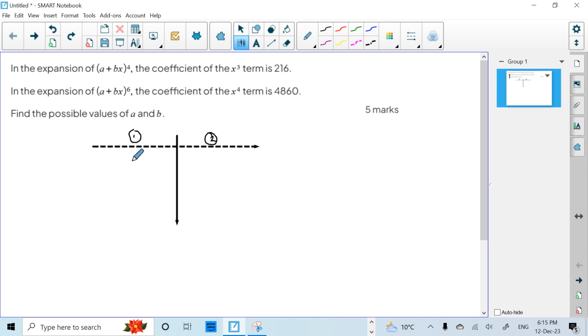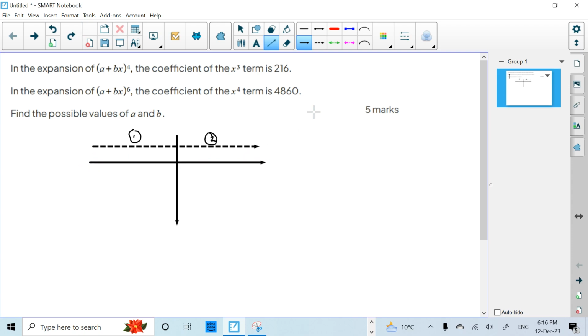In our first expansion, a is equal to a, b is equal to bx, and n is equal to 4.